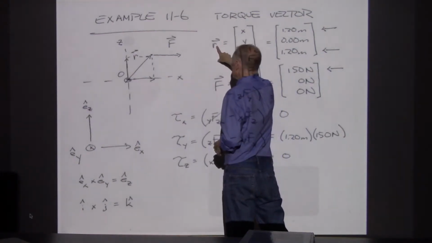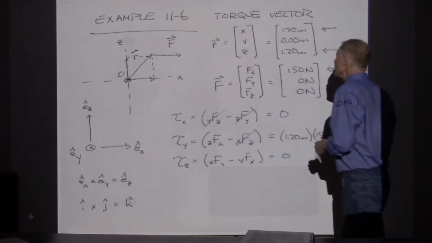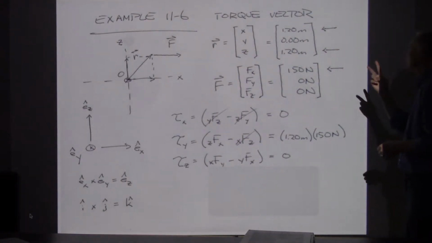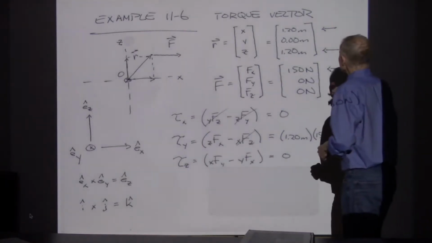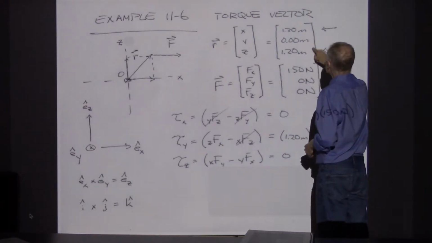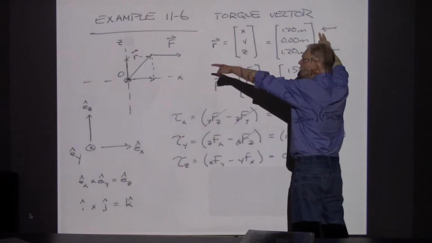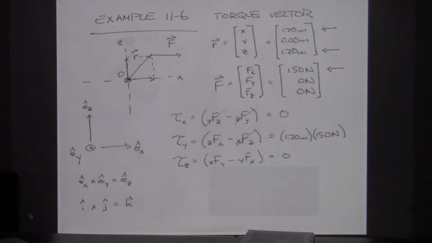So in general, the lever distance could have components x, y, z. It turns out that we have two of those components, but we don't have anything in the y direction. And so for y I'm giving a 0, and for the x and the z I put in 1.20. This is a simple enough problem, it's not too difficult to draw that out.